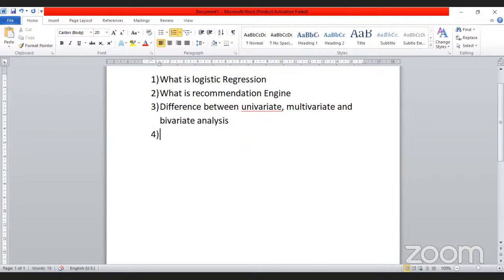Now, our fourth question today will be, what is a supervised and unsupervised technique in a machine learning process?